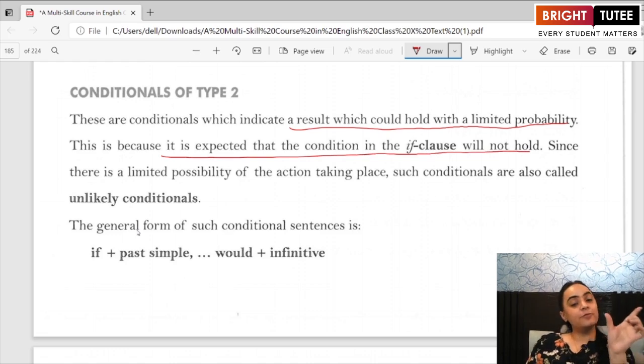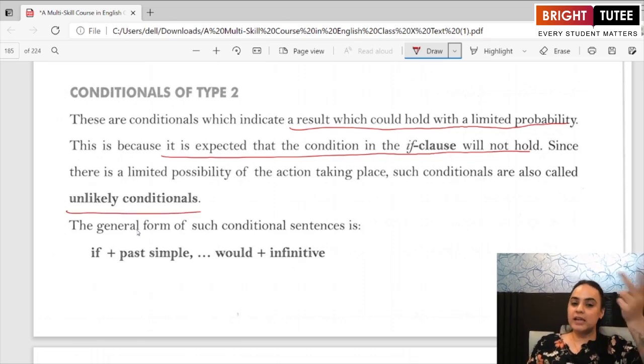So the possibility for the if clause to come true is very small, and therefore the occurrence of the main clause is also very limited. Such conditions are known as unlikely conditionals. So the type 1 conditionals were the likely conditionals, and the type 2 conditionals are unlikely conditionals.